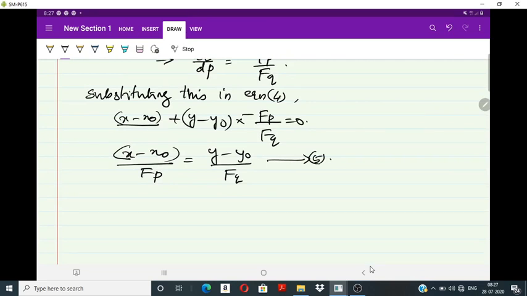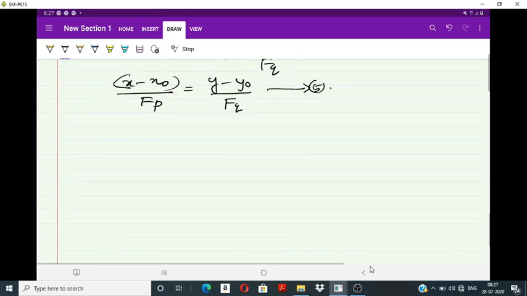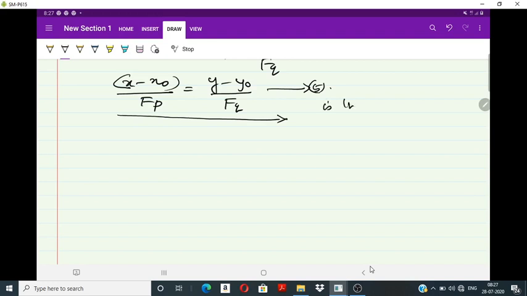So we obtained a condition, that is the equation for the Monge generator. x minus x naught by fp equal to y minus y naught by fq is the equation for the Monge generator.